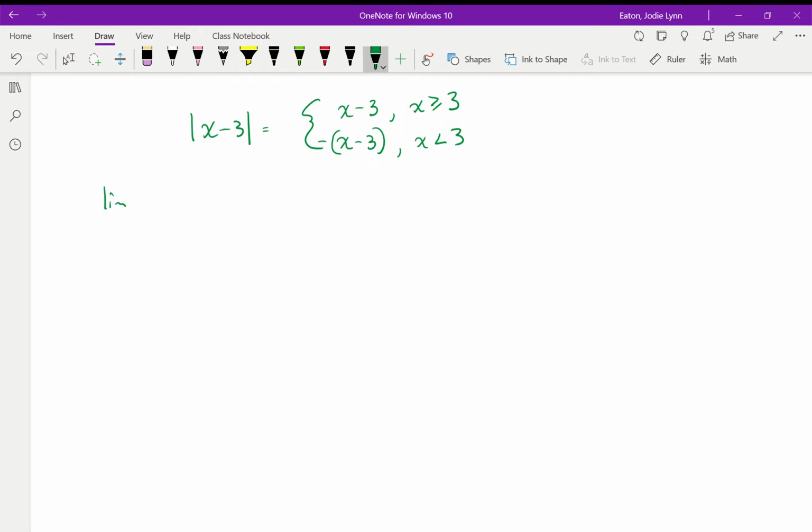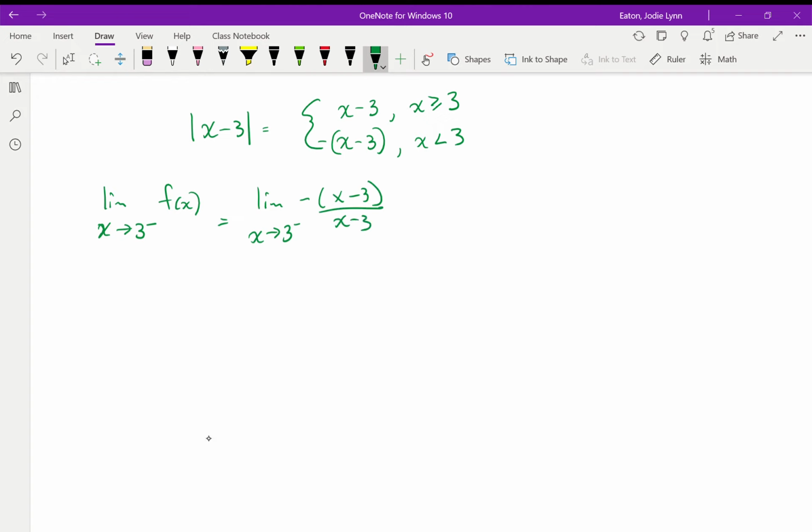So the limit as x approaches 3 from below of f of x equals the limit as x approaches 3 from below of negative x minus 3 over x minus 3.